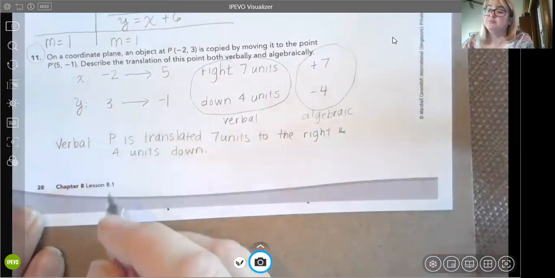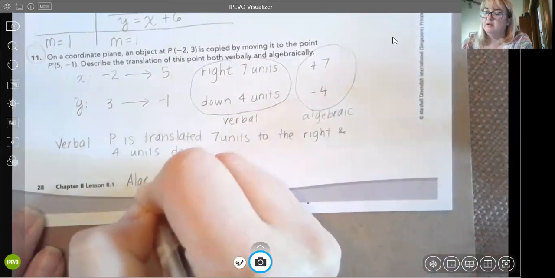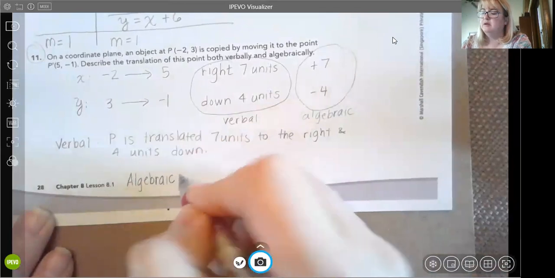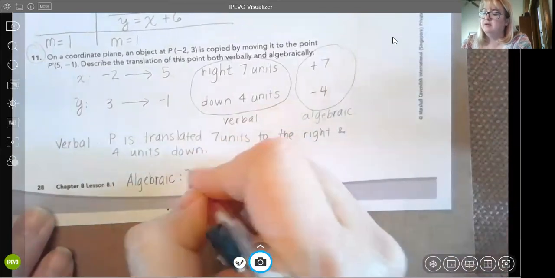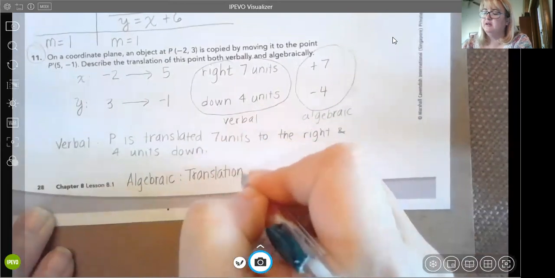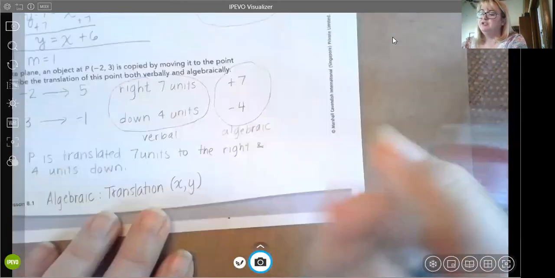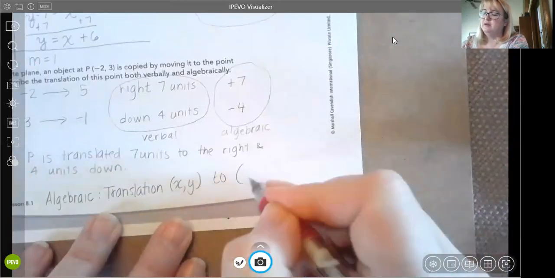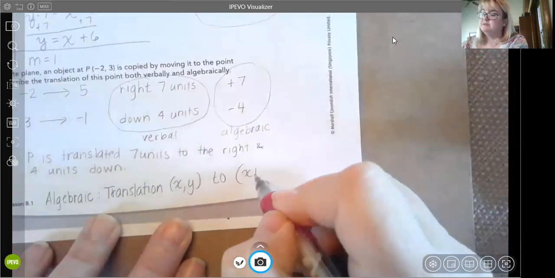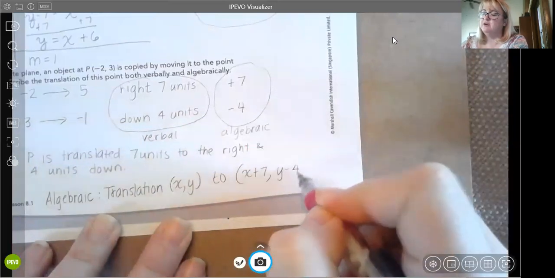Now I need my algebraic, and we'll say translation of X and Y to, we added 7 to the X value, to X plus 7, and we subtracted 4 from the Y, Y minus 4.